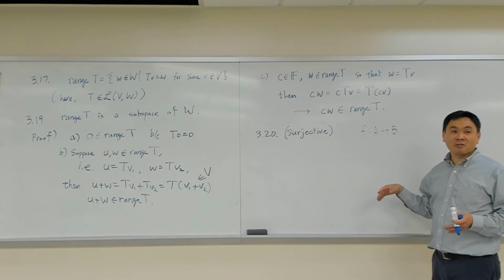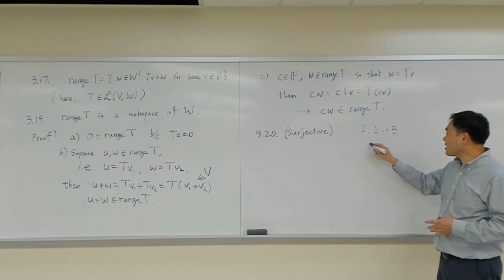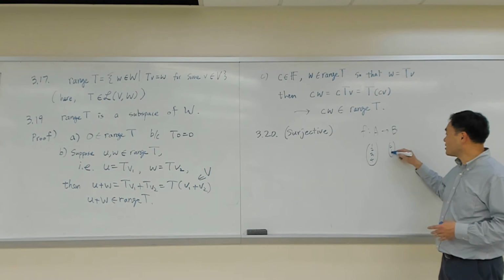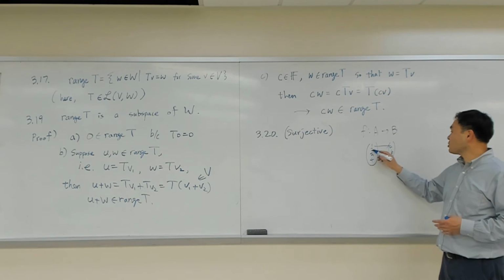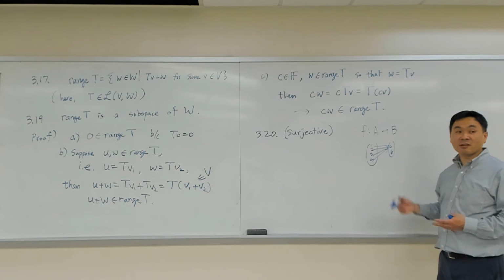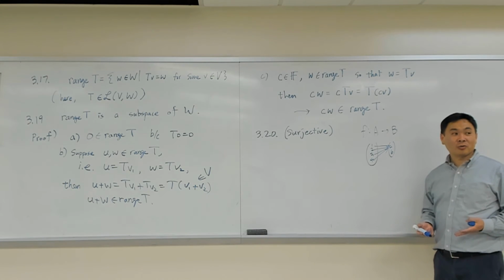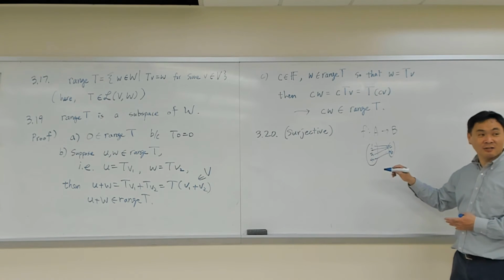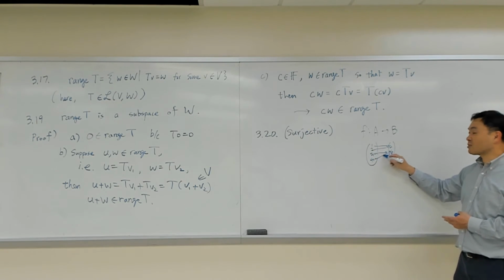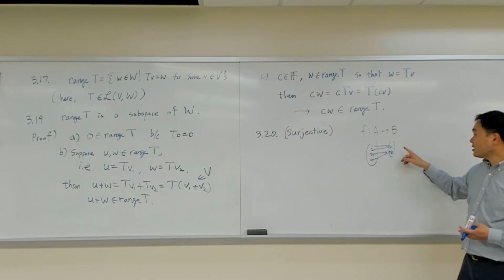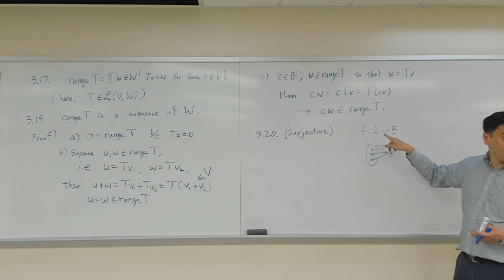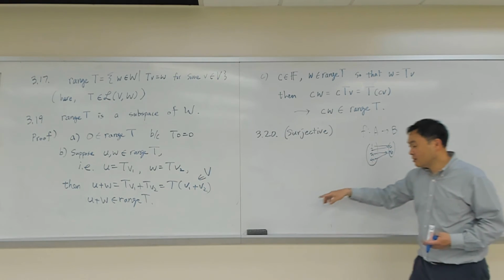But that's not always what's needed. 1, 2, 3, 4, and then let's say A and then B. You could have everything going to A. Is that surjective? No. You need at least one to go to B, right? So that's surjective. That's also surjective, meaning that any element in B is targeted. Okay? That's what surjectivity means.